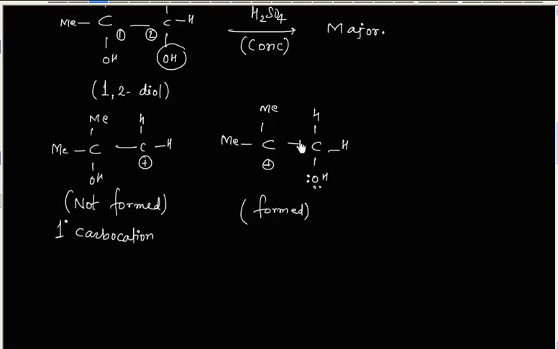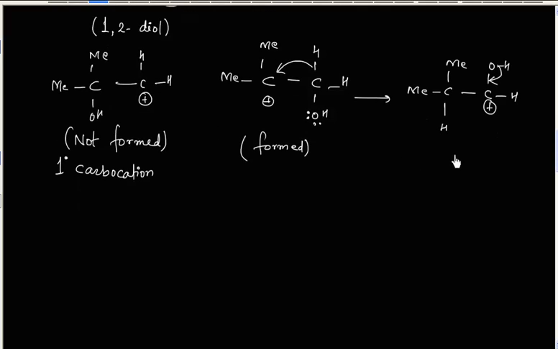In the next step, we can do a hydride shift. So we have methyl, methyl, carbon, and we will have hydrogen, OH, hydrogen. Now in the next step, we can lose H plus from here to get the final product.